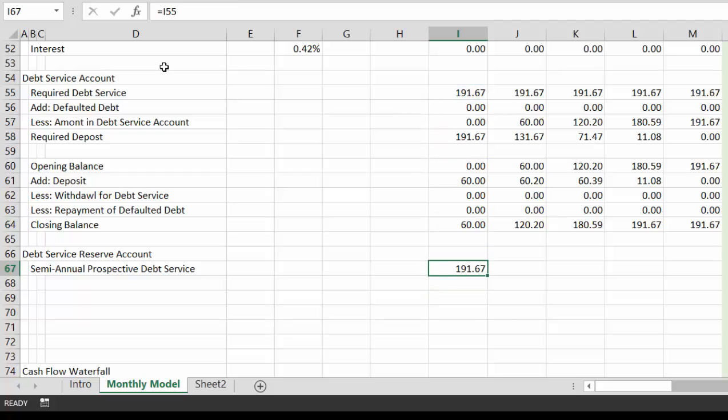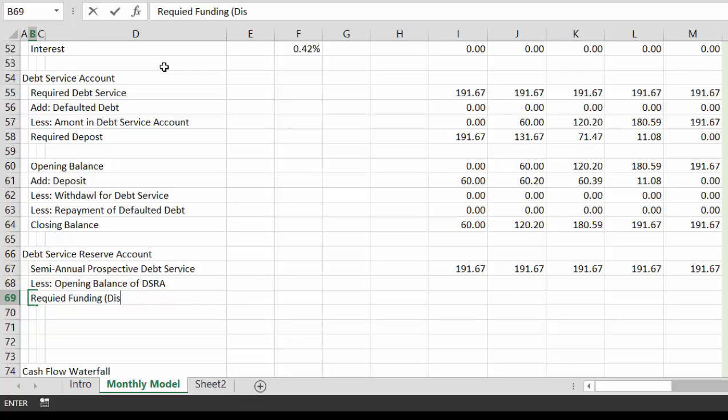That's what this thing is. And it's going to be almost like the debt service reserve account, but less opening balance. And balance of DSRA, and we put required funding.